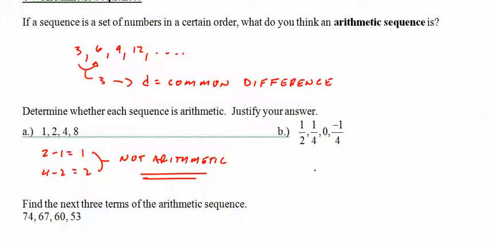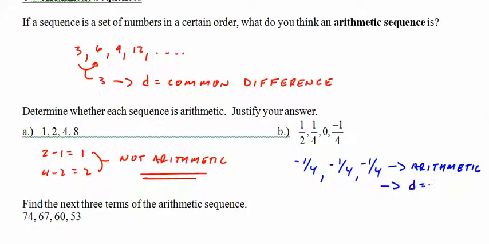So this one is 1/4 minus 1/2, which is negative 1/4, negative 1/4, negative 1/4. So this is arithmetic, and D equals negative 1/4.